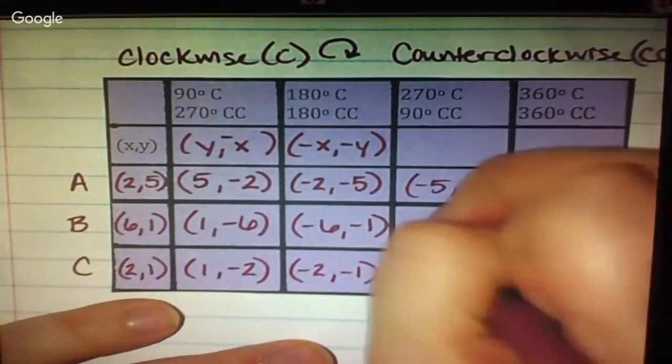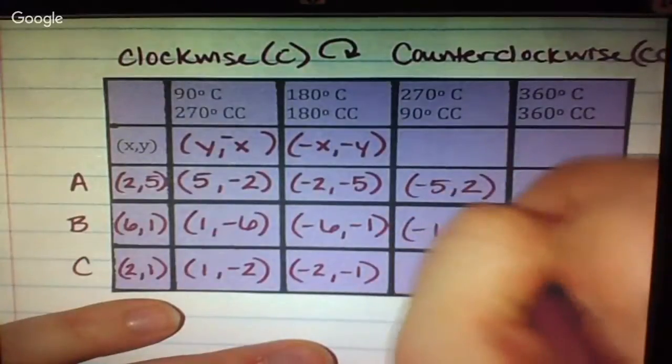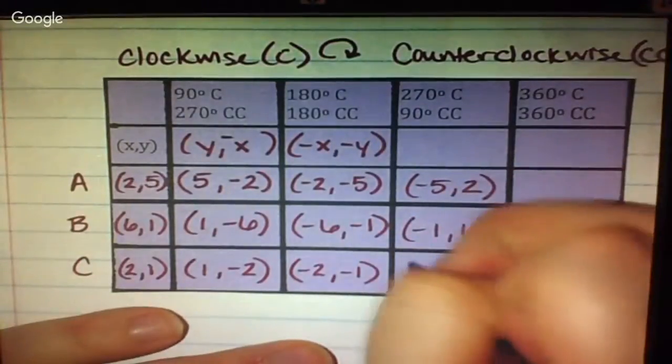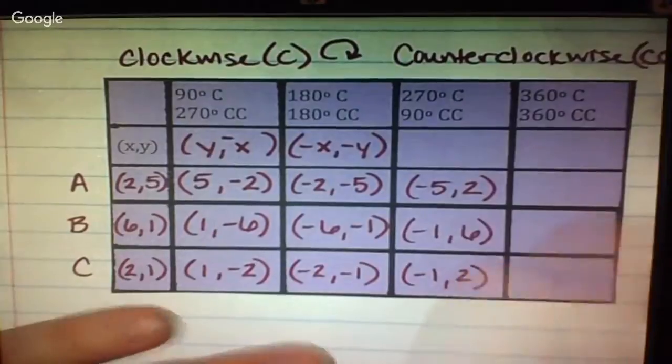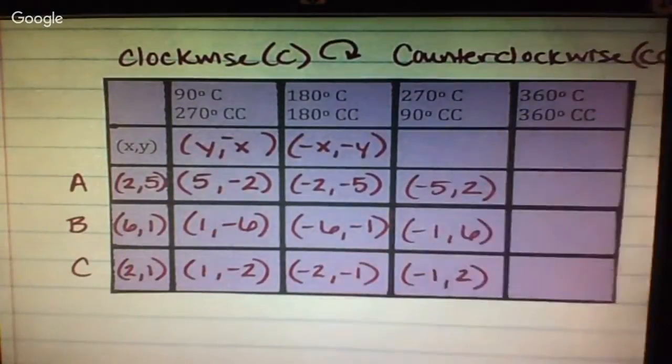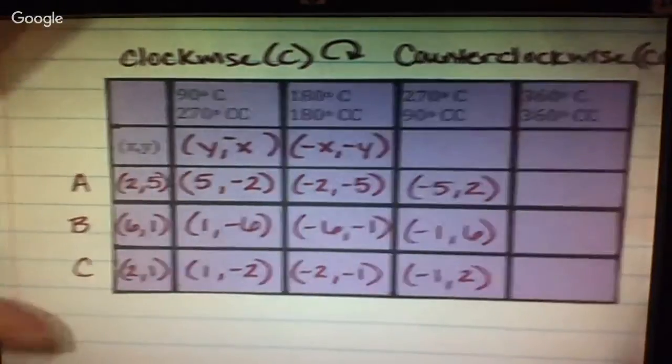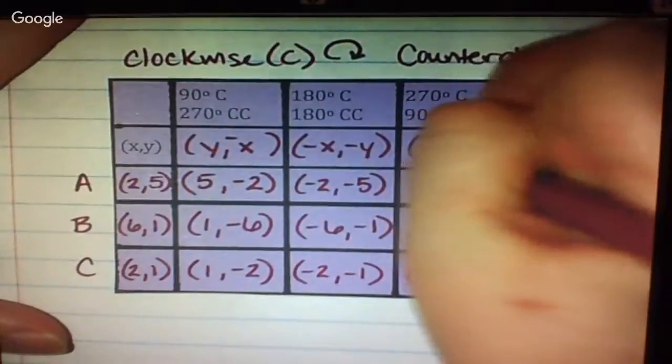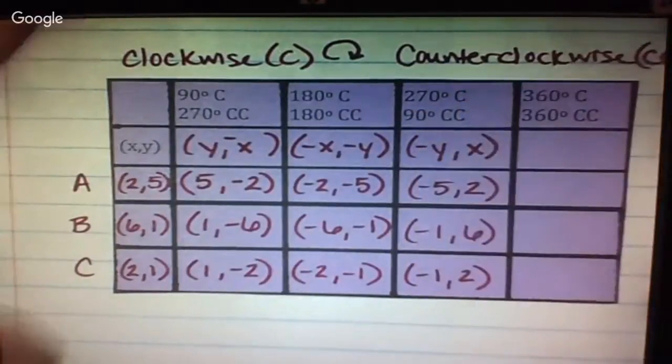B? Negative 1, 6. Okay, so again, from my original points where I started to where I am now, x and y have switched, and my first number changes sign. So here's my rule.